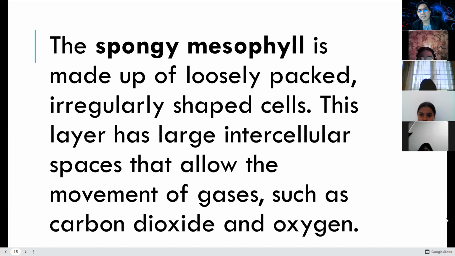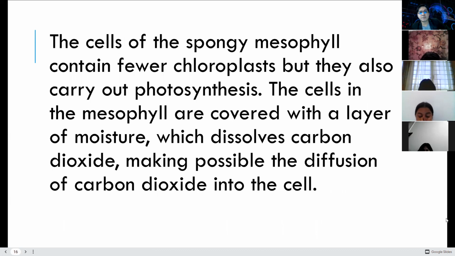The spongy mesophyll is made up of loosely packed, irregularly shaped cells. This layer has large intercellular spaces that allow the movement of gases. Take note again that the byproduct of photosynthesis is oxygen, and one of the raw materials for photosynthesis is carbon dioxide. The cells of the spongy mesophyll contain fewer chloroplasts, but they also carry out photosynthesis, but fewer.